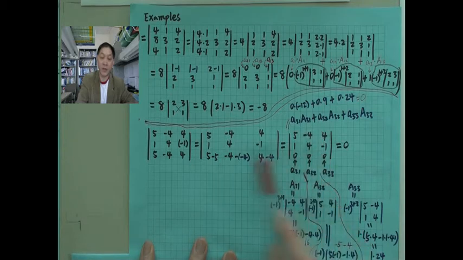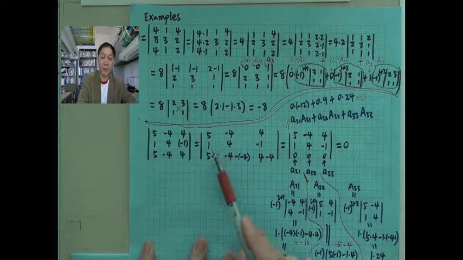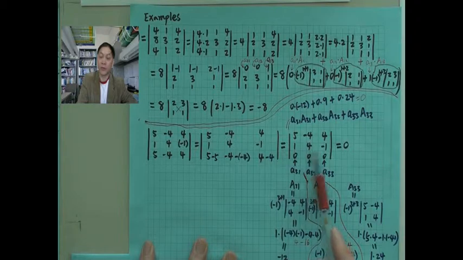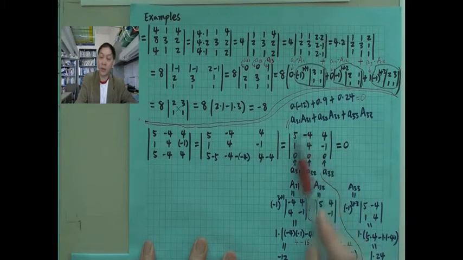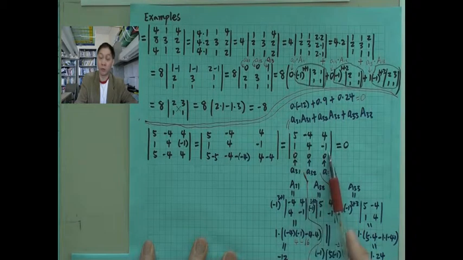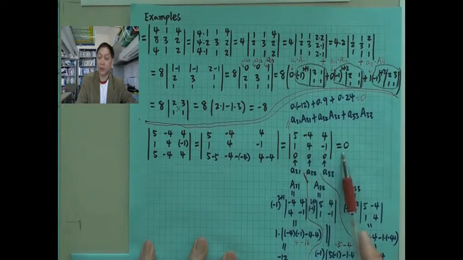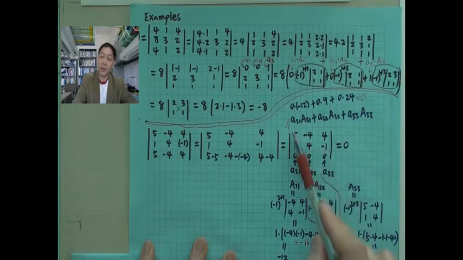The rest of them we didn't do anything: 5, negative 4, 5, negative 4, 5, negative 4; 1, 4, negative 1, 1, 4, negative 1. So if you get one row or one column that is 0, then you know the determinant of the whole matrix is 0.